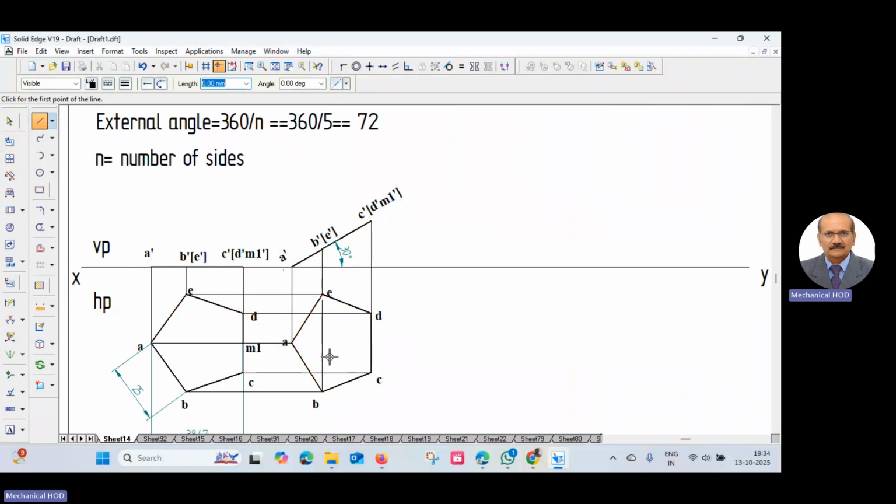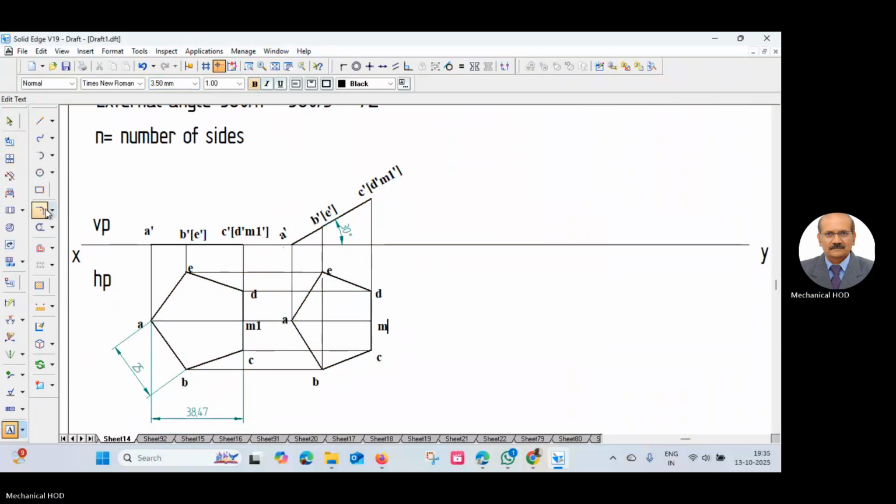Now this is the apparent shape. Now we will draw the perpendicular bisector passing through the corner A to the edge CD. This is the perpendicular bisector. Remove the extra edges. Then type this is M. So AM is the median length, the apparent median length.